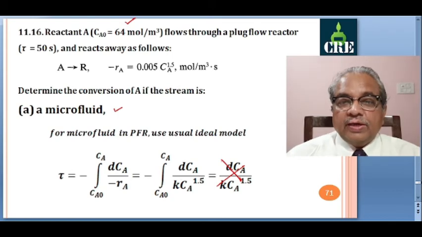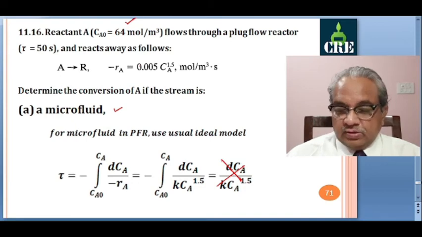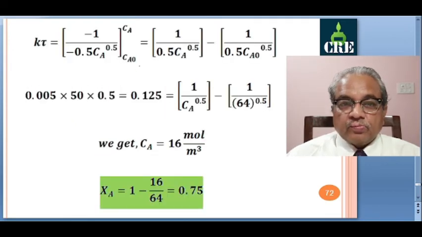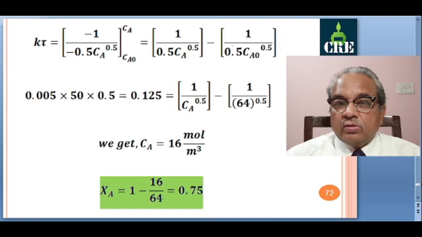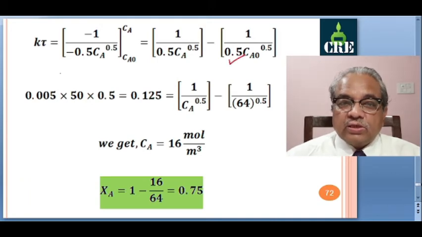So here k is 0.005, tau is 50 seconds, and this 0.5 transfer on that side.